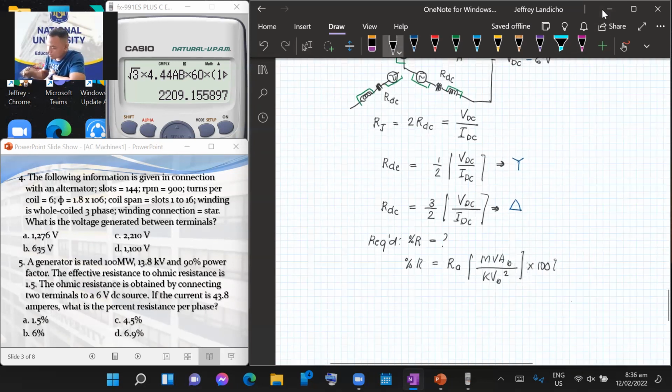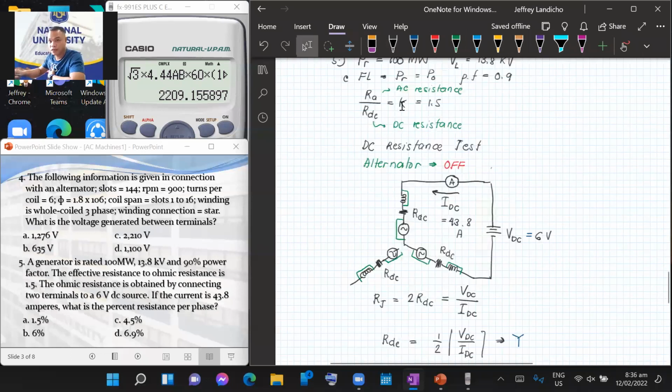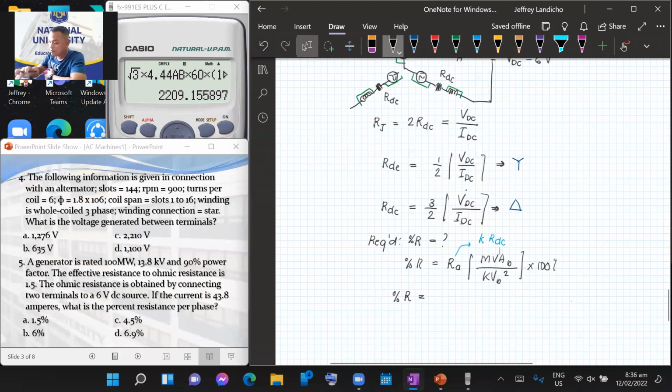So, pwede ko lang diretso yung percent resistance. Okay? Solving for the percent resistance, ano magiging value ni RA? So, your RA now, that is always equal to K RDC. Saan lang galing? Based on this given ratio. So, anong given value of K? 1.5. Saan natin kukunin si RDC?